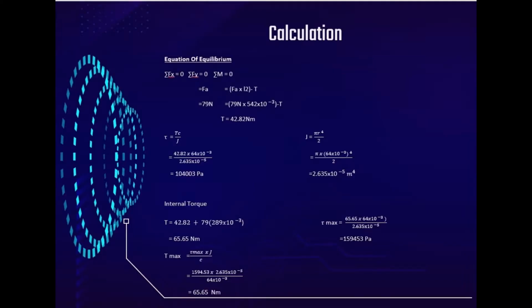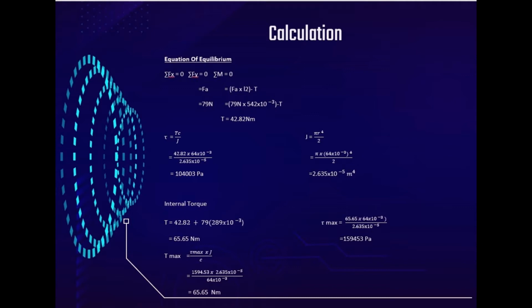Next we go for the calculation with the equations of equilibrium, with the assumptions of Fx equal to 0, Fy equal to 0, and moment equal to 0. There is no force on the x-axis, so Fx is equal to 0. For Fy, the only force in the free body diagram is Fa, which is 79 N in the y-axis.